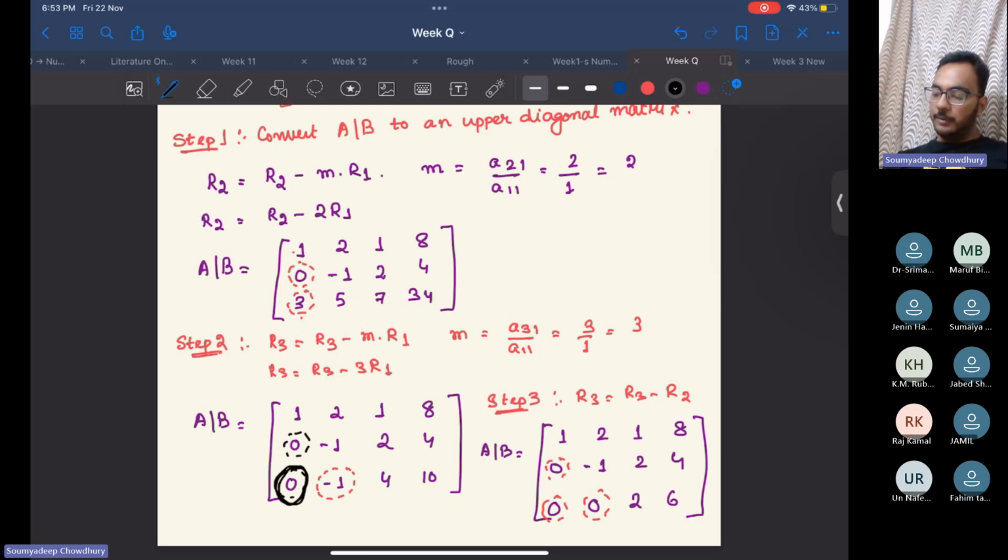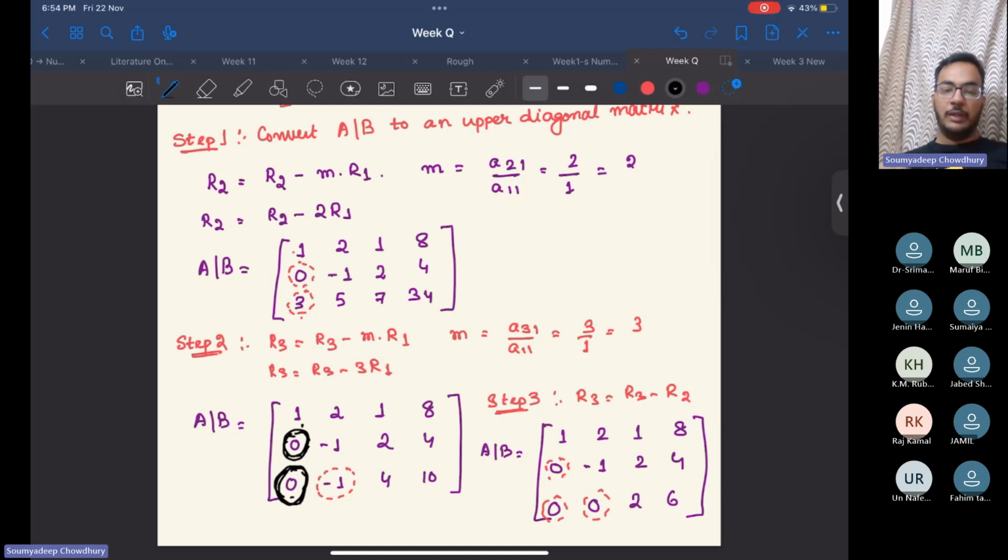If you perform any operation with R3 and R1, then this element will change, because this is 0 and this is 1. That is not correct. We don't want to disturb this 0 element. So in the second row, we have 0 here. So 0 and 0, whatever operation you do, it will remain the same.